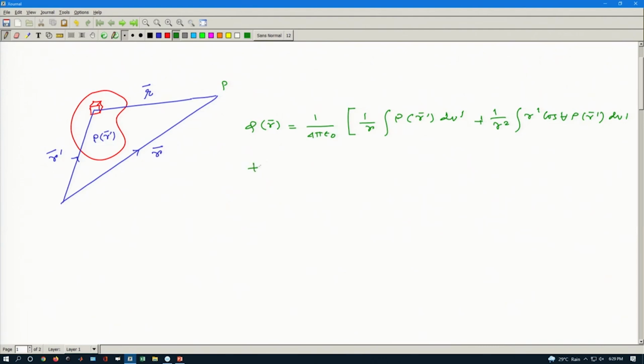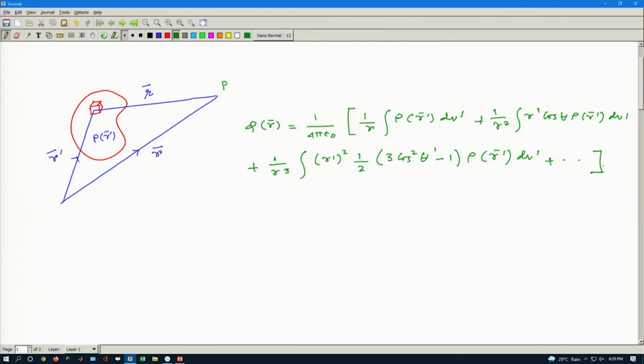Then I had 1 divided by R cube, integration of R prime square with the half term, 3 cos square theta prime minus 1, rho R prime dv prime, and so on.